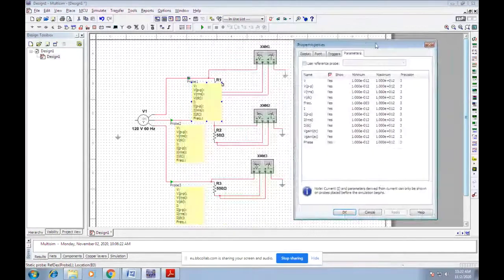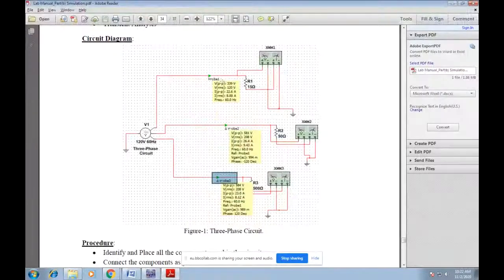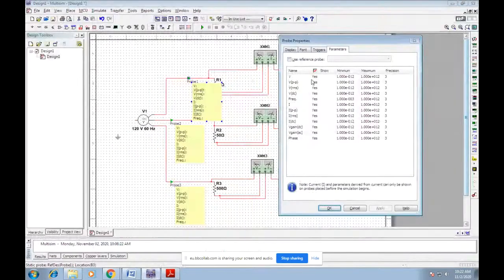Okay, so as seen from the lab manual, it has peak to peak voltage, RMS voltage, peak to peak current, RMS current, and frequency only, for probe 1. So those only we will select as yes. We don't require this, we require this, yes. We don't require VDC, we require frequency, yes. And we don't require the DC current, we require peak to peak current and RMS current.